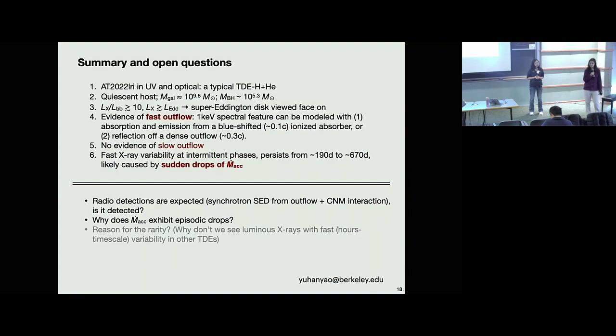So my question is, is this rate sufficient to support the mass increase from this super-Eddington accretion from TDEs? Like the TDE rate is too low to support the super-Eddington accretion. Yeah, so we are not saying that TDE accretion is the reason that the very first supermassive black hole formed.